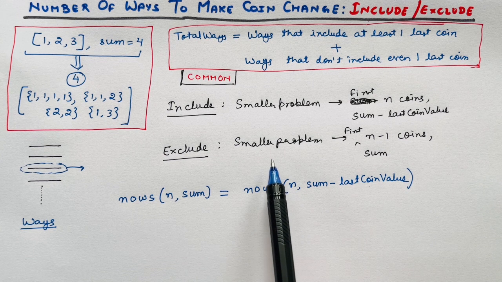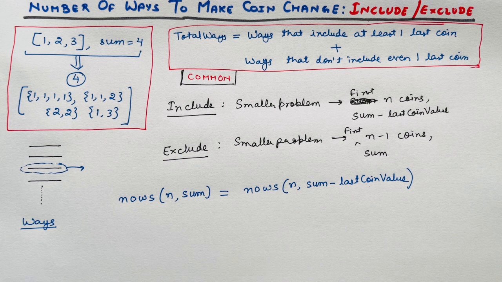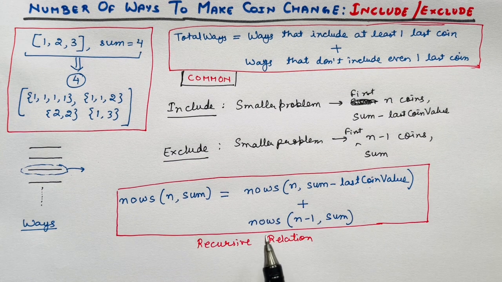Similarly, how will we represent our second smaller problem? It will be number of ways of forming sum but using only first n minus 1 coins, and summation of these two will give the answer for our original problem. Now this is a recursive relation because we will be calling this same method again and again.